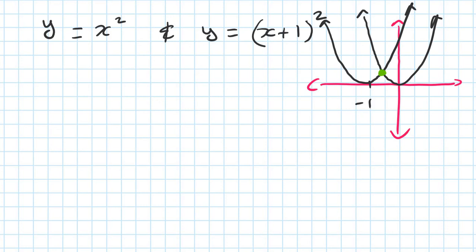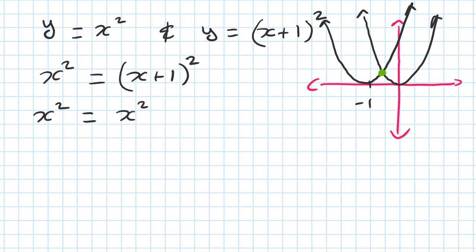To do it, we put y on this side: y equals x squared. So x squared is equal to (x plus 1) all squared. Step number 1, I'm going to remove the bracket by expanding first. So x squared is equal to x squared, plus 2x, plus 1 squared is 1.